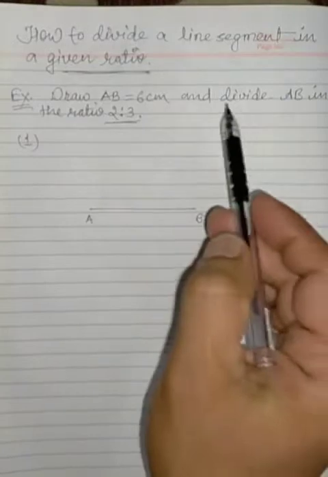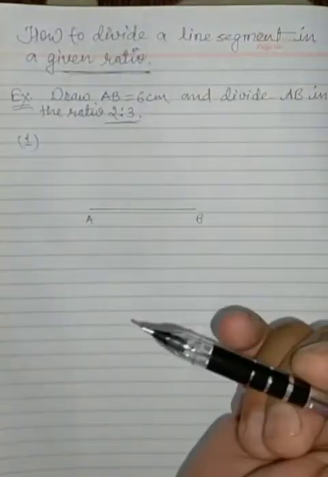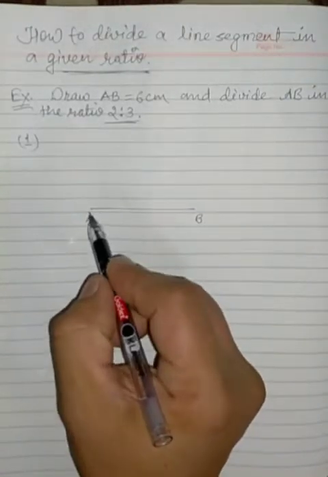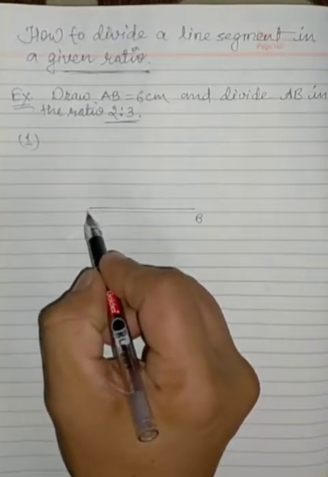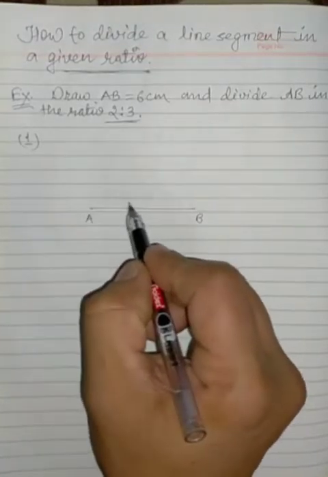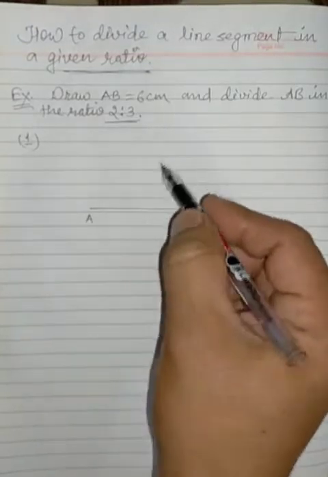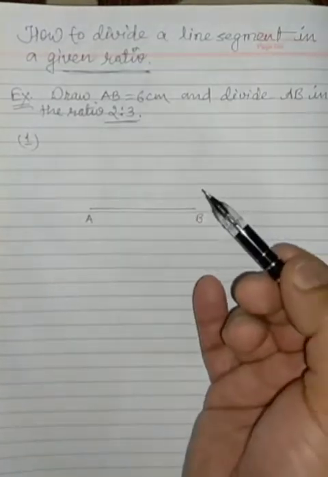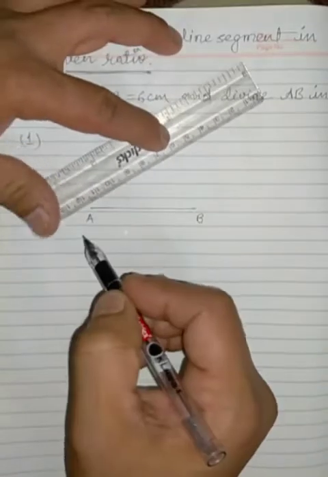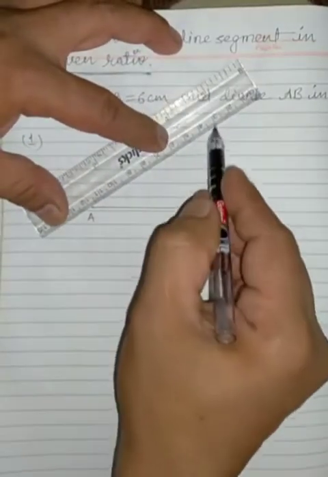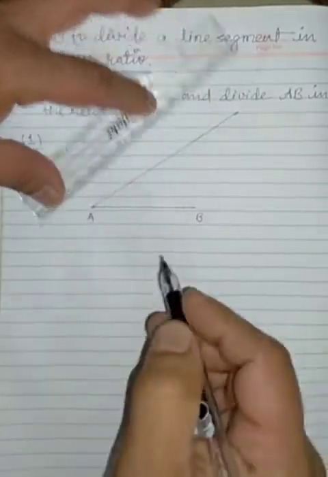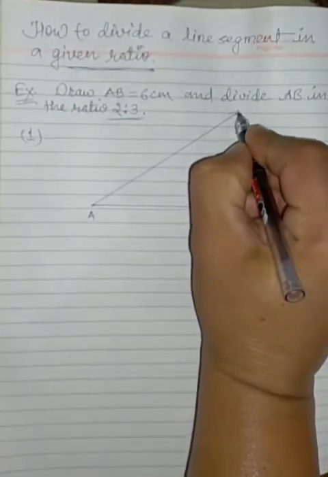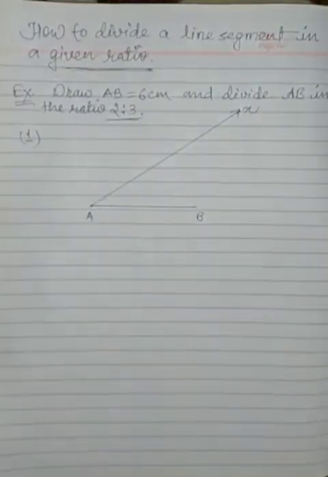Now, to divide AB in the ratio 2:3, first from the point A, we will draw any ray, either upside or downside, depending on our choice. So from A, I will draw a ray of a suitable length and I will name it AX.